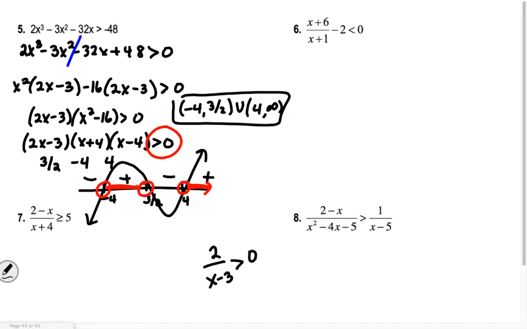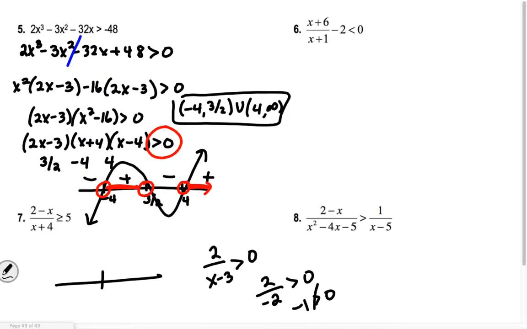So let's think about things. What if I plug in 4? Do I get a positive is greater than 0? Yeah, if I plug in 4, I get 2 over 1 is greater than 0. Tell me something that makes it negative. A 1. If I plug in 1, I have 2 over 1 minus 3, which is 2 over negative 2. I get negative 1, which is not greater than 0. So where's that turning point on my number line?